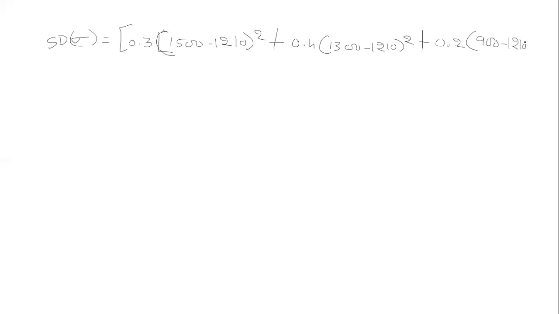So if you see here again, 0.3 is the probability, 1500 minus 1210 square, plus 0.4, 1300 minus 1210 square, plus 0.2, 900 minus 1210 square, plus 0.1 bracket 600 minus 1210 bracket square.